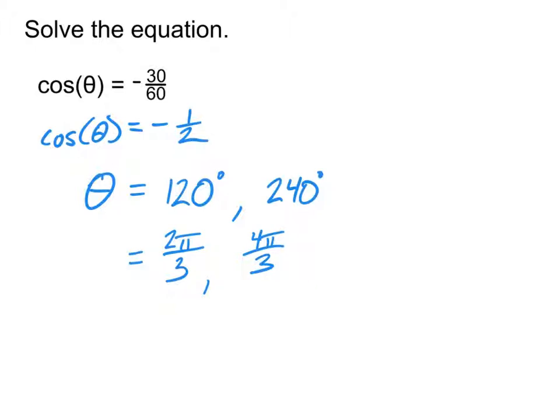How are you going to know in the future? Well, first of all, when you see this type of problem on assignments or tests or anything like that, it should be specifying for you whether it's in degrees or radians at that time. But in terms of in general, outside of the math format, up until this point in your mathematics career, everything has been in degrees. So everything has been assumed to be in degrees up until now.